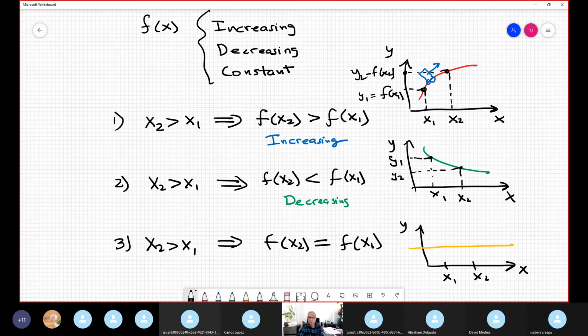Look, y2 equals y1, it's the same value. Therefore, it's constant. This is easy to understand. Everyone understands this very well.